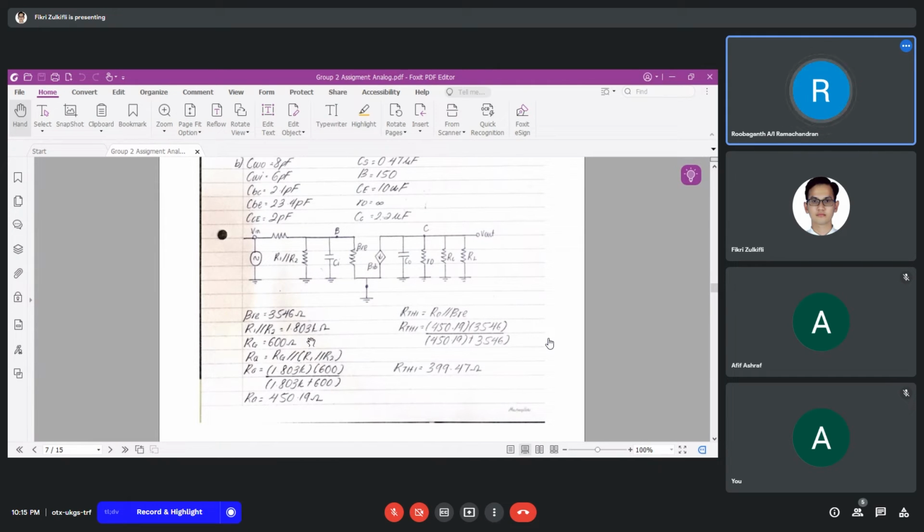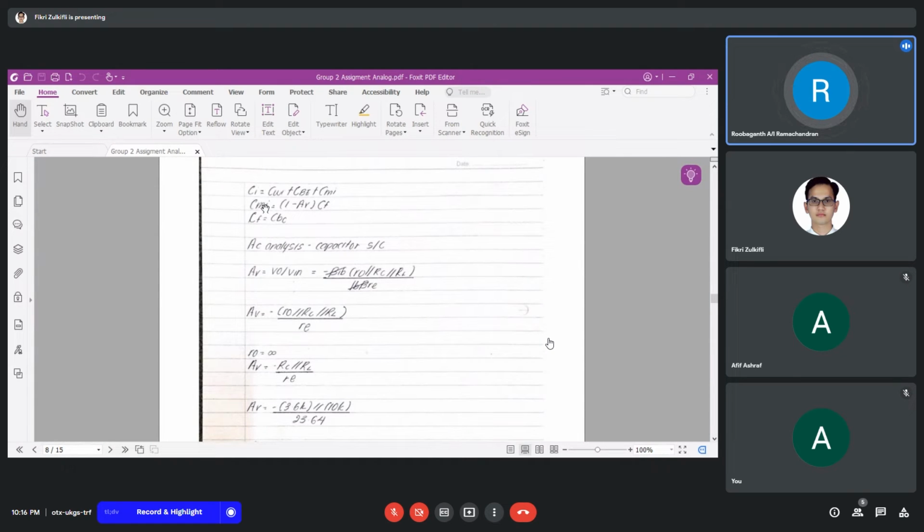The R1 parallel to R2 is also the same, calculated before. RG is based on the circuit. So we need to find RA for now, where RA equals RG parallel to R1 and parallel to R2, where RA equals 454.19. So we find RTH equals RA over beta RE, and we will get the value of 399.47.